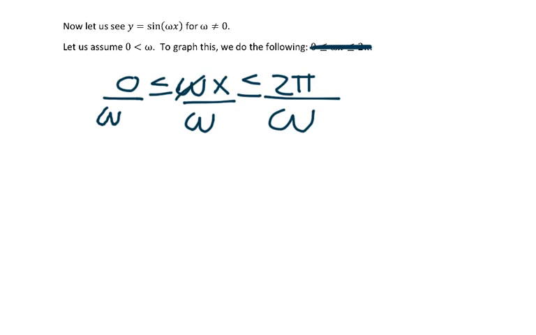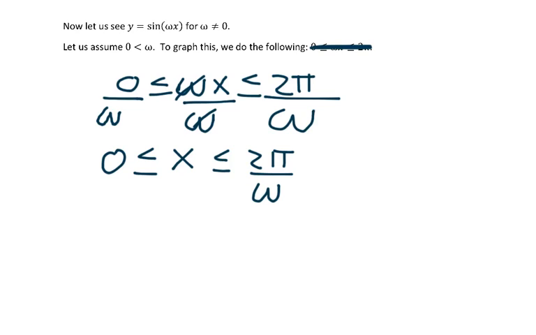So the omegas here are going to cancel. The inequalities stay the way they are because omega is positive. We have 0 less than or equal to x, less than or equal to 2 pi over omega. So in other words, dividing as we did here, this tells us that as x ranges from 0 to 2 times pi divided by omega, sine of omega times x will complete one cycle.